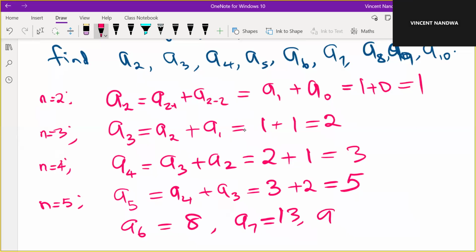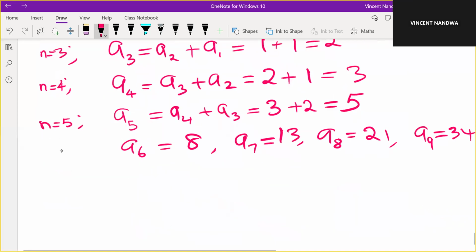What is a_8? 21. a_9? 34. And then a_10? 55. Etcetera. So these numbers form a pattern we usually call the Fibonacci numbers.